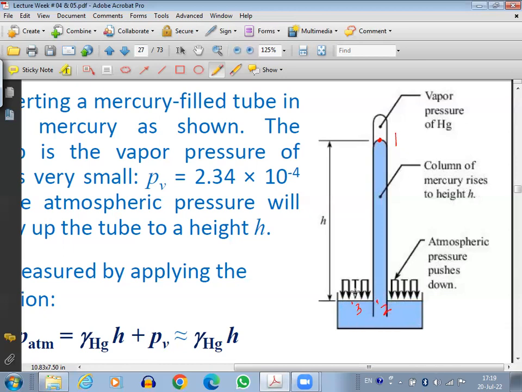But I know that 3, 2, and 1 are all in the same fluid. So whatever the pressure at 3 is will be the same as the pressure at 2, because they are on the same horizontal line. So P3 is the same as P2, and P3 is atmospheric.